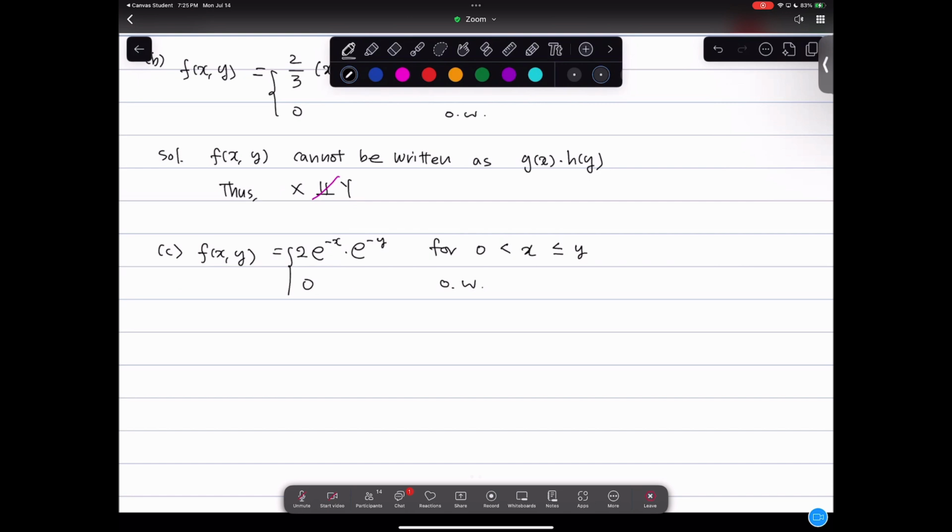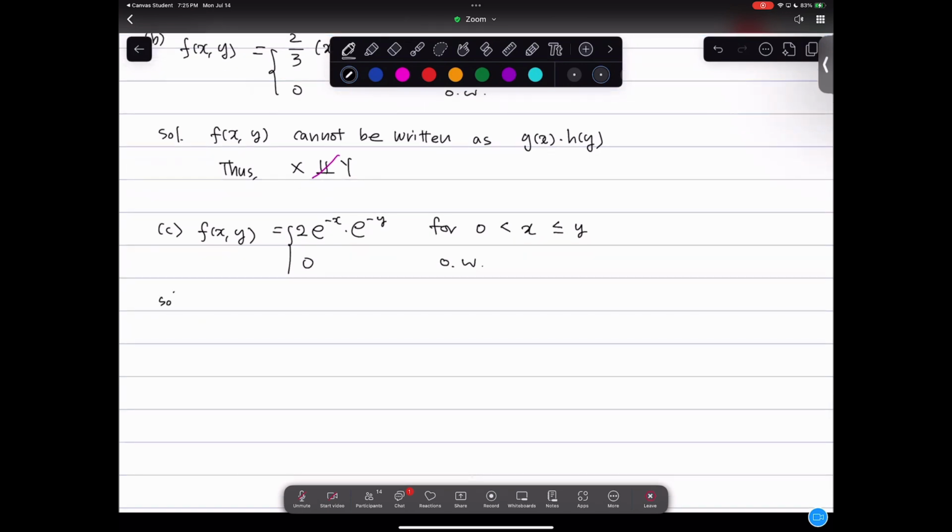I'm trying to determine if x and y are independent. If I look at this whole density, it looks like some part of x alone and y alone.